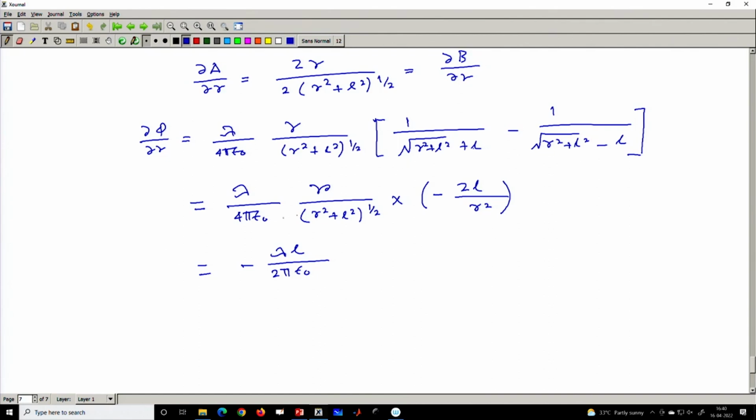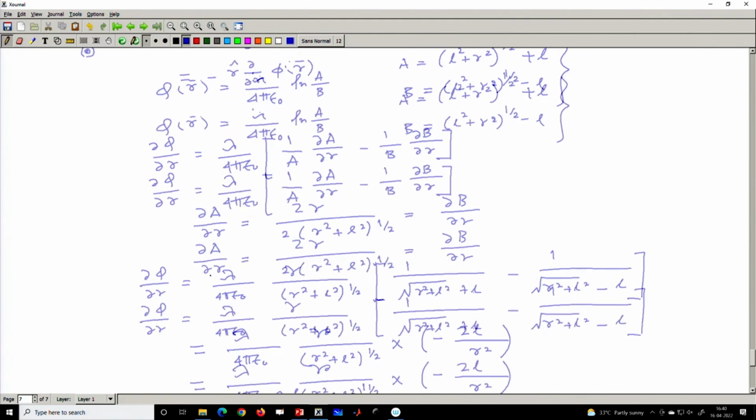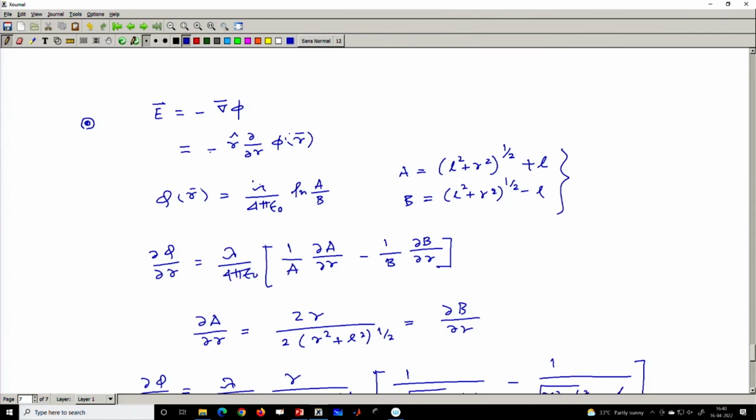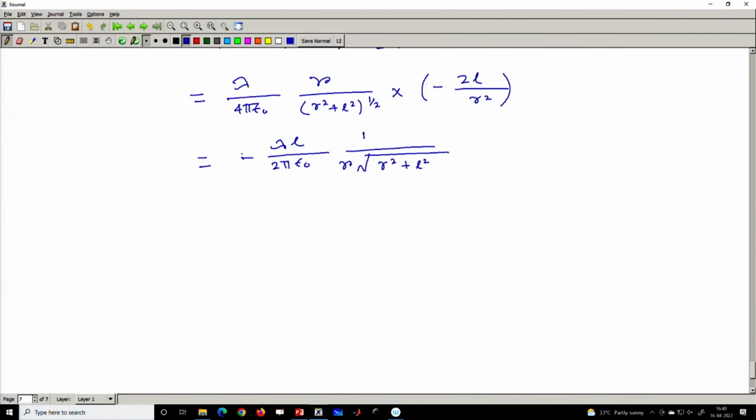This 2 will cancel out with this 4, so that gives me 2 here, and then we have 1 divided by R multiplied by root over of R square plus L square. So that should be my d phi dr, and how is d phi dr related to E? E is simply minus of d phi dr with unit vector r.